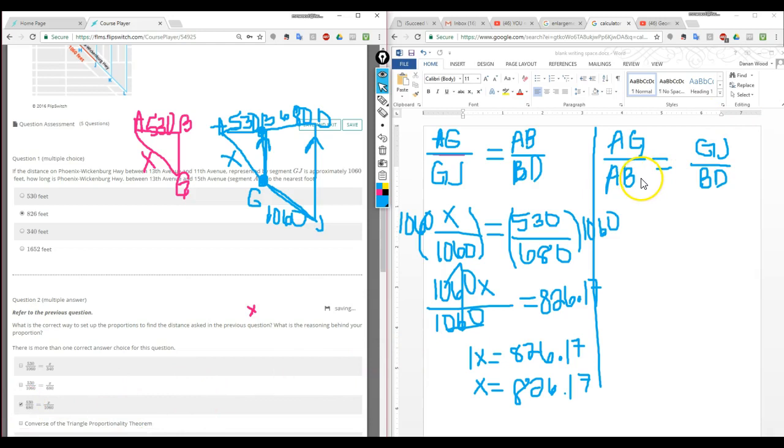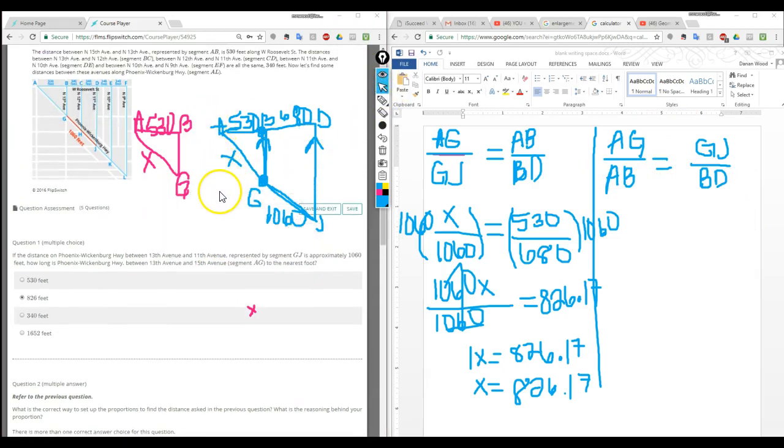And if we had set up this one using our substitution, right here, we would have AG, which was our x, divided by AB's length, which was 530.